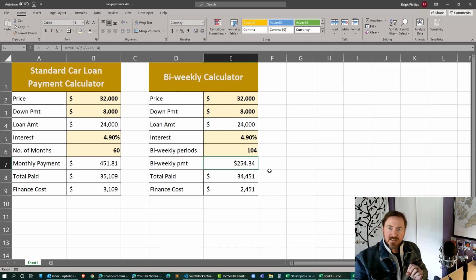Now, this is going to be pretty good because even in months where you're only making 2 payments, your $254 is still going to exceed the original monthly payment that was calculated by the loan, which means you're not going to be in default or anything like that. Plus, you're going to be paying this loan off sooner. Notice your total paid is now significantly less, almost $1,000 less, and your finance cost is therefore significantly less.